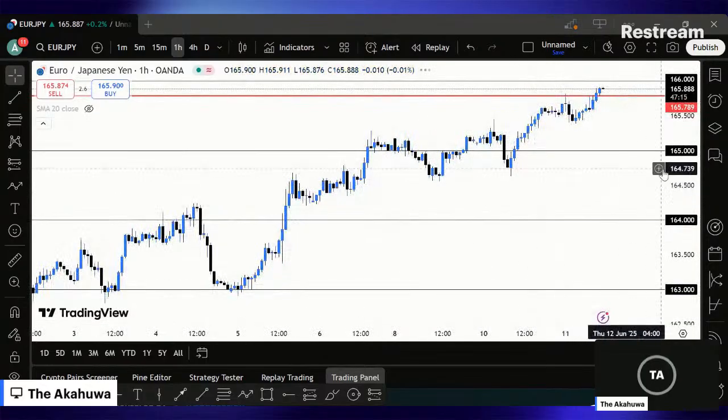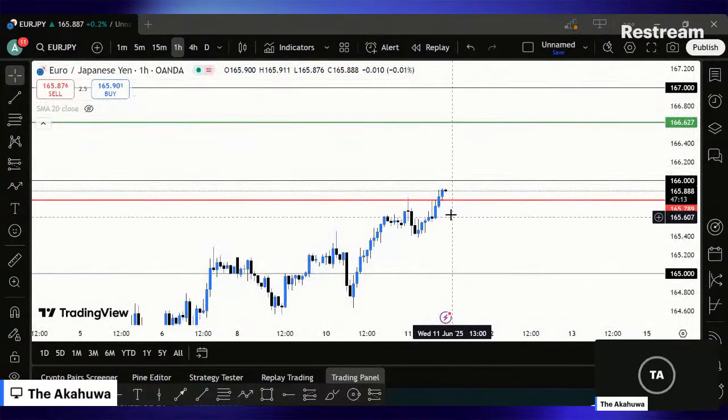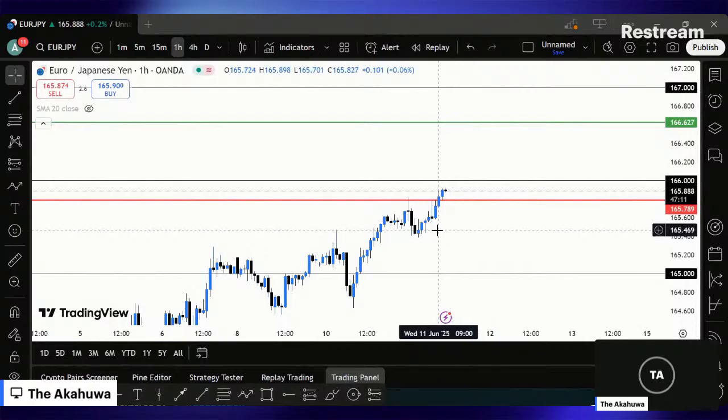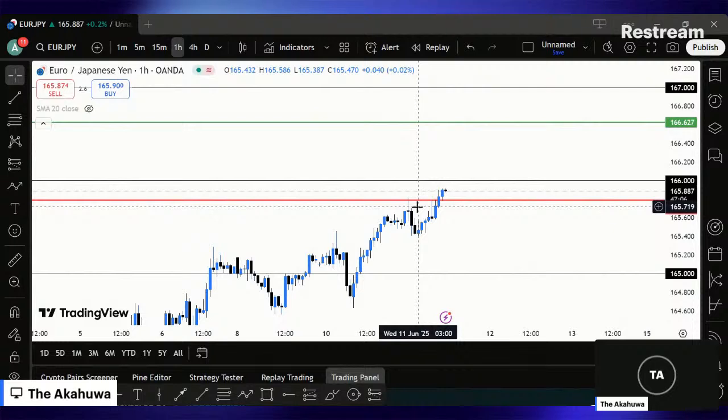Now we are in here. So remember this red line is 50% of the other block there. And this is 1 hour time frame.